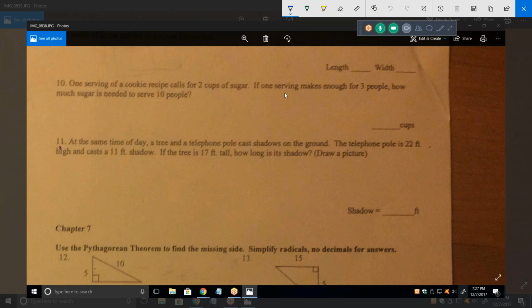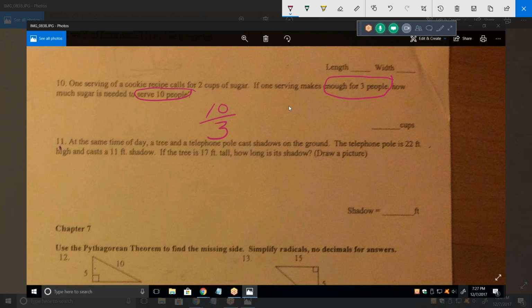Well, first of all, how much sugar is used in one serving? Okay. How much do we have to increase our serving by to feed 10 people? Well, what's the ratio? What's the ratio of the people we're trying to serve versus what we know it takes one serving to serve? 10 to 3, is it not?